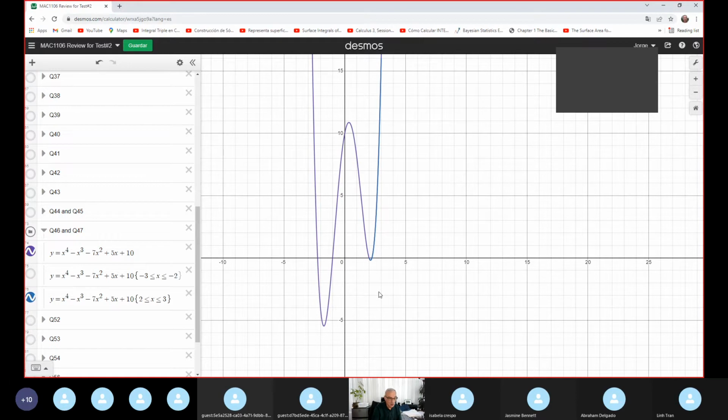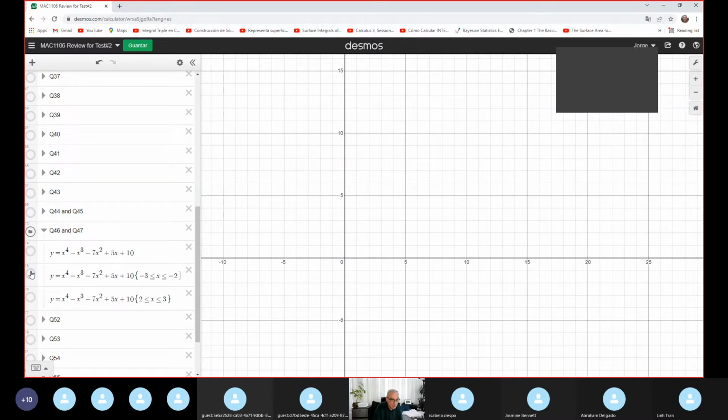Okay, so now in order to visualize, for example, the first part, when it is between -3 and -2, it is this part.